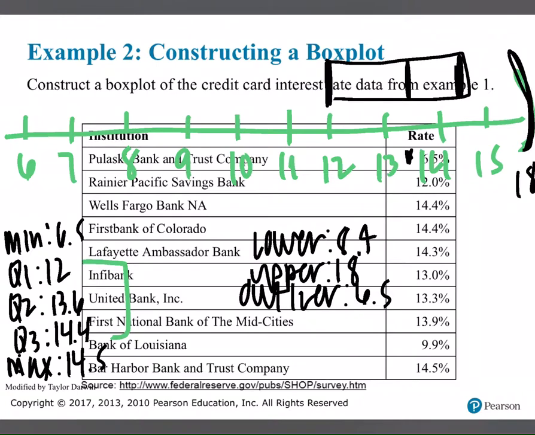So I'm going to do the max first, which is at 14.5. It's kind of hard because there's not very much room there, and it looks like it's at 15, but bear with me. And then my min is 6.5. Not a great line, but anyways. And then remember, you asterisk wherever the outliers exist, so an outlier exists at 6.5. And that's what your box plot looks like.